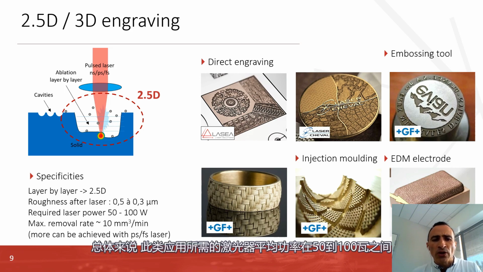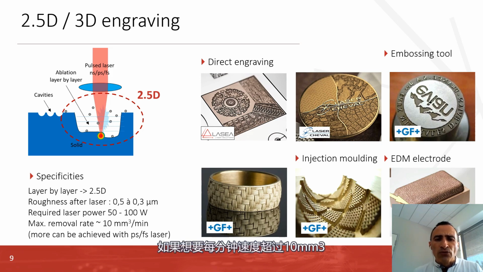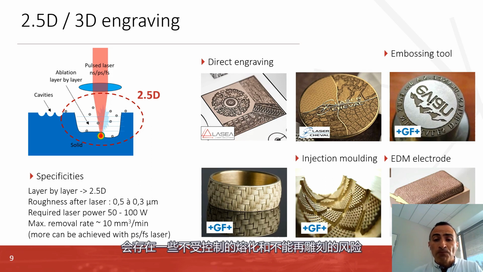In general, the average power required for such application is between 50 to 100 watts. If you want to go faster than 10 cubic millimeters per minute, it is necessary to increase the average power, but in this case, there is a risk to introduce some uncontrolled melting and not to engrave anymore.